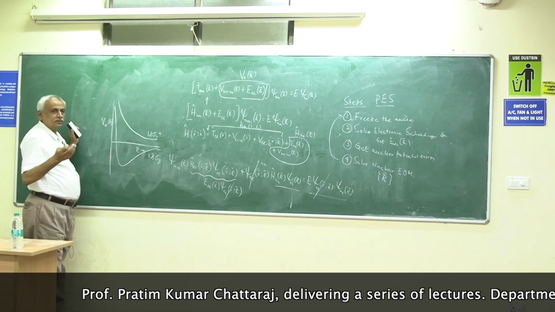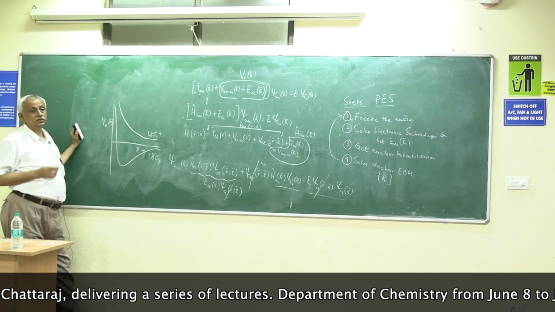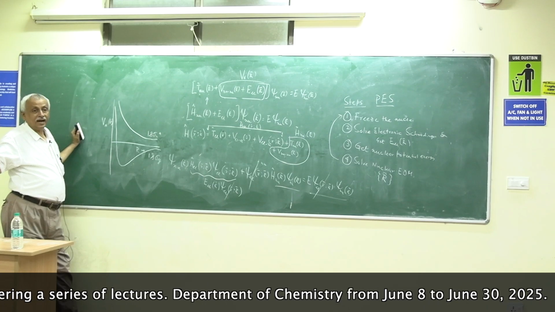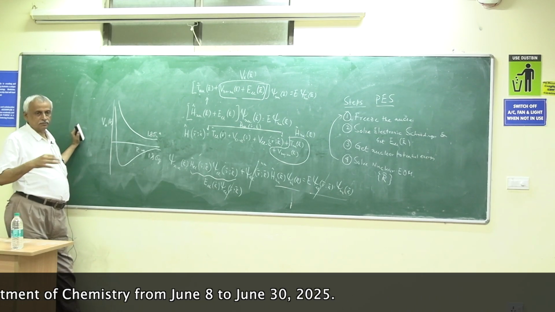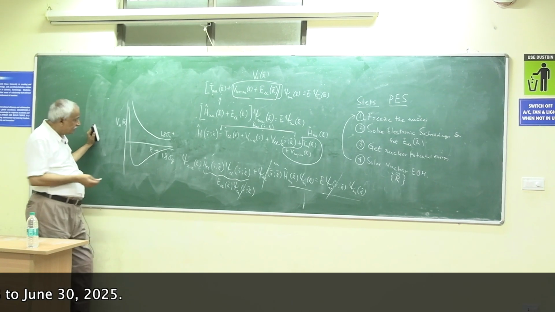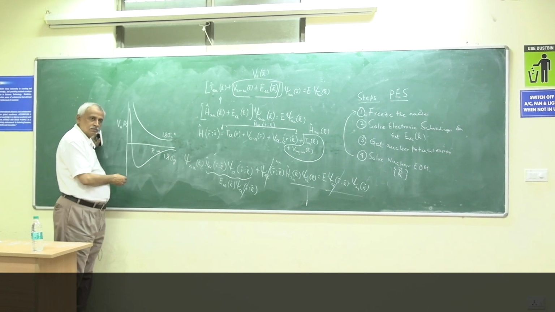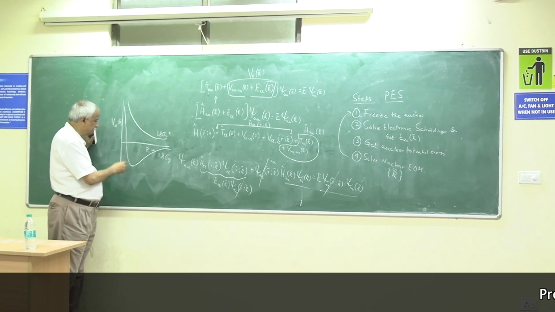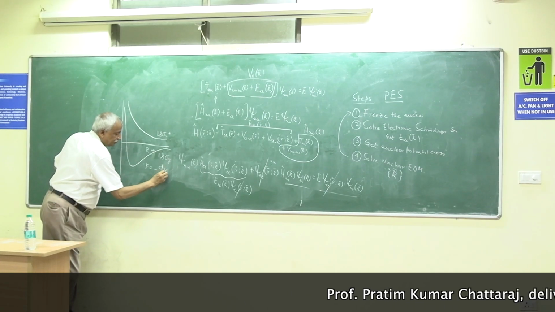If you have more variables, it would be multidimensional, and you get a potential energy surface, or basically a potential energy hypersurface. You have to take the projection on specific planes or specific surfaces. Okay. Now here you can see this is the point where the potential energy is minimum. So V is minimum, and the force is the negative gradient of the potential energy.